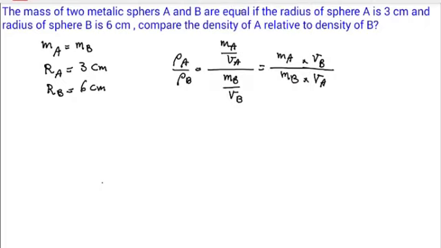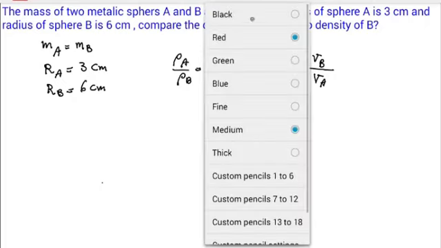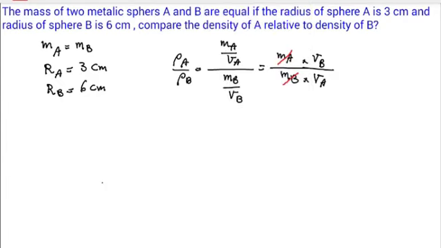So the masses cancel. M of A is equal to M of B. So they cancel. What is left is V of B over V of A. So rho of A over rho of B is equal to V of B over V of A.